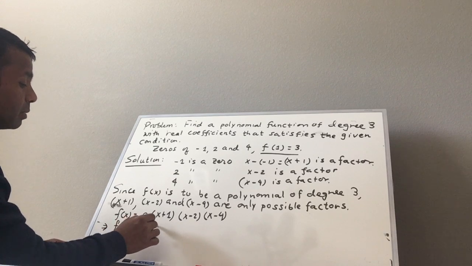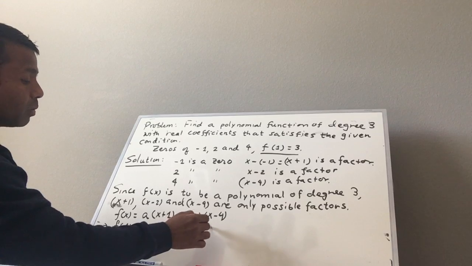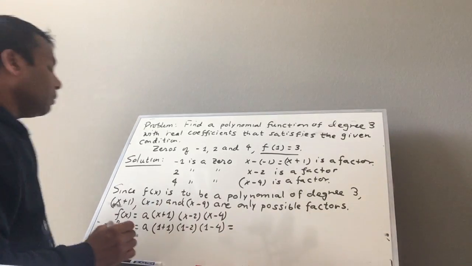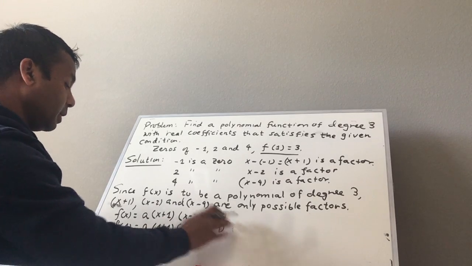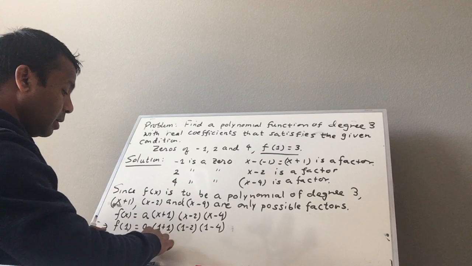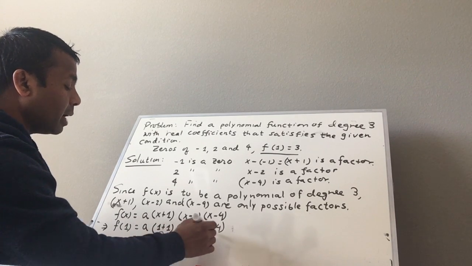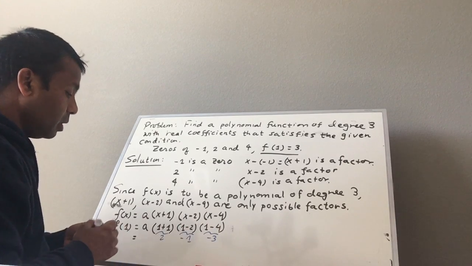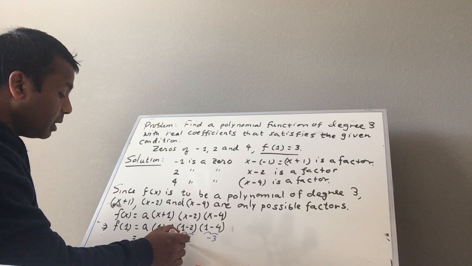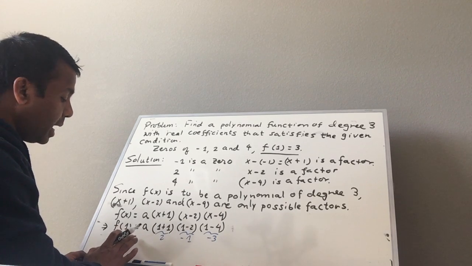This is a times 1 plus 1 times 1 minus 2 times 1 minus 4, right? So this is 2, this is -1, and 1 minus 4 is -3. If you multiply that, -3 times -1 is +3, times 2 is +6. So this is 6a.